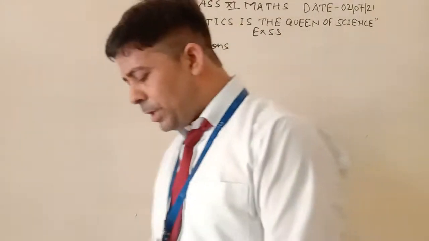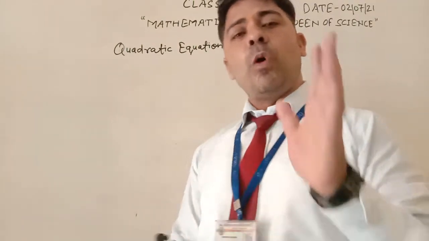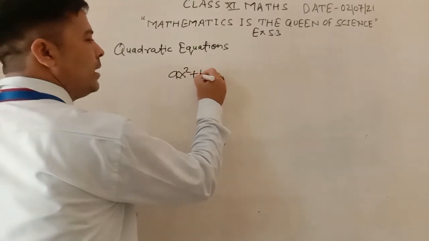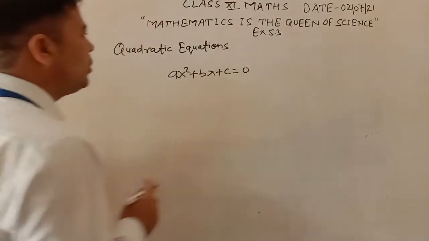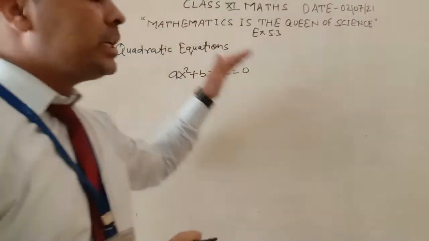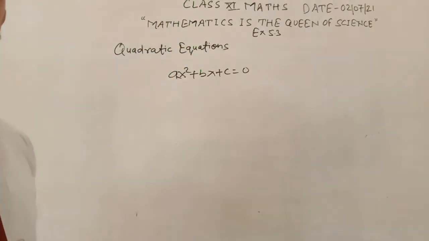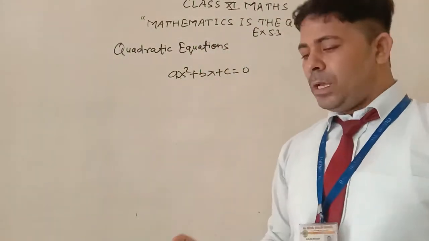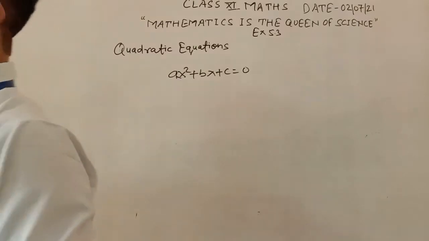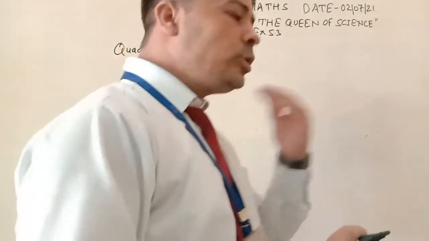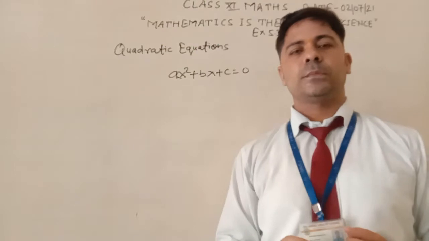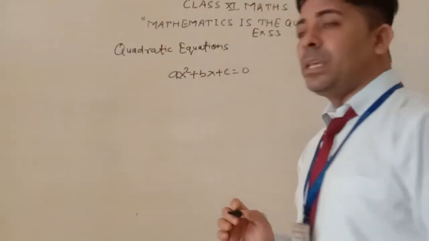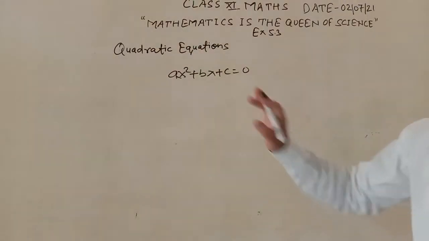Now one thing more, you also know that if the equation is represented in this form, ax square plus bx plus c is equal to 0, this is the representation of a quadratic equation. In class 10th you also learned about the discriminant, which gives the solution of the quadratic equation.